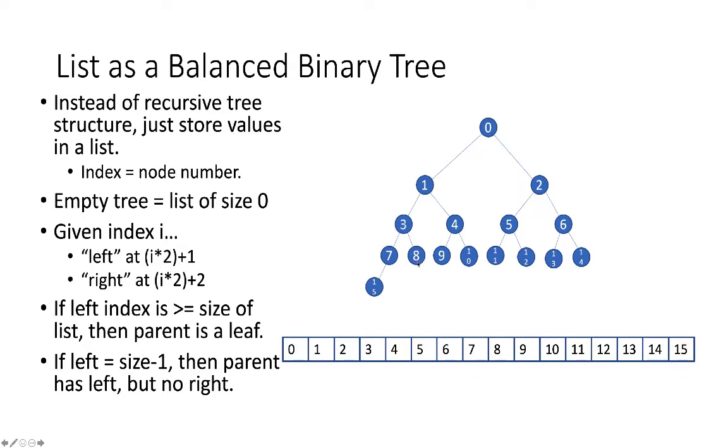But 17 is longer than how long the list is. And since I know how long the list is, and I know what node index the left child is supposed to be, if I don't have a left child, then I know that node must be a leaf.